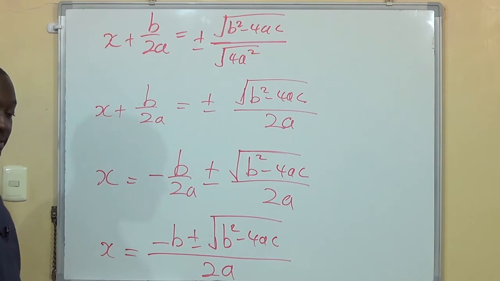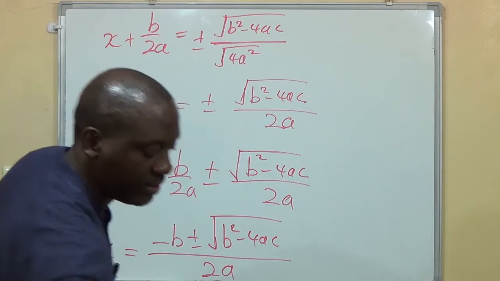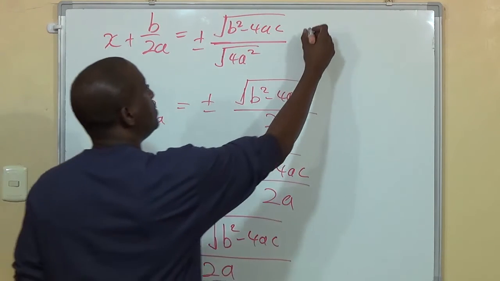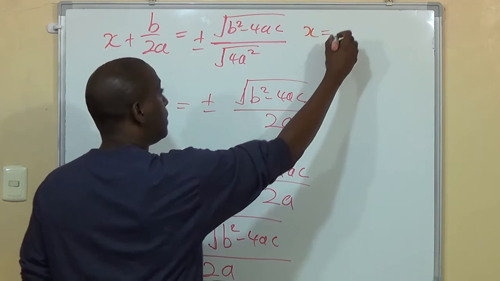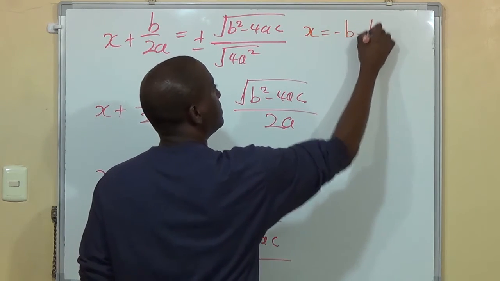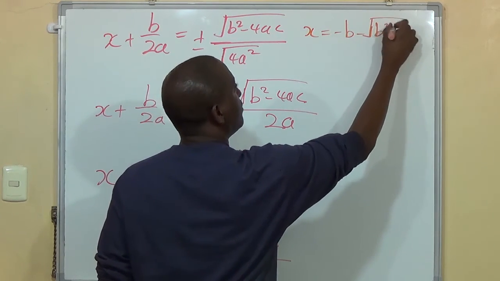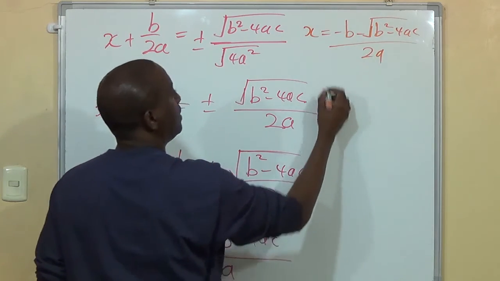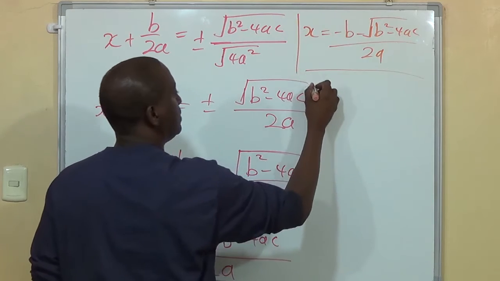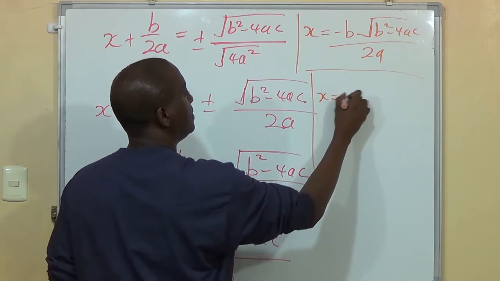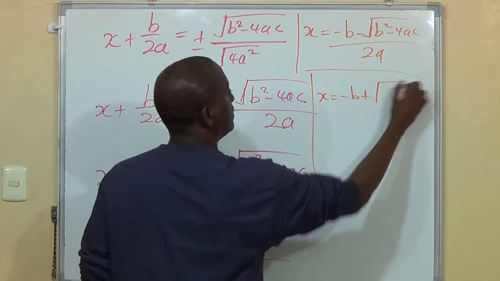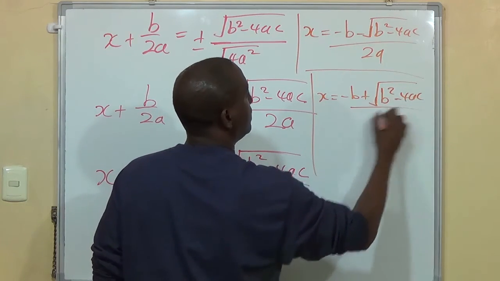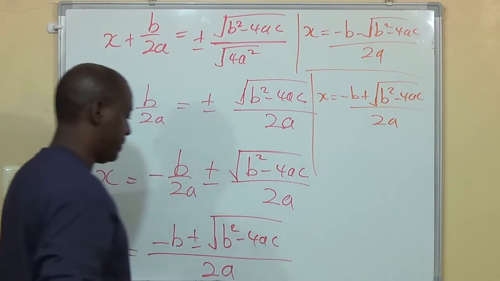So you have two solutions: one is that x is equal to minus b minus the square root of b squared minus 4ac all over 2a. The other solution is that x is equal to minus b plus the square root of b squared minus 4ac all over 2a.